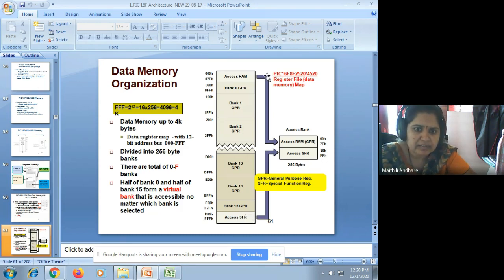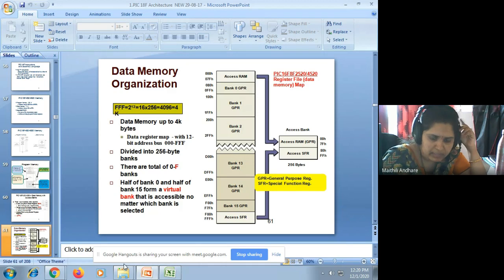The combination of these two halves forms a complete bank, called the access bank. Just draw this organization first, then you will get the idea.